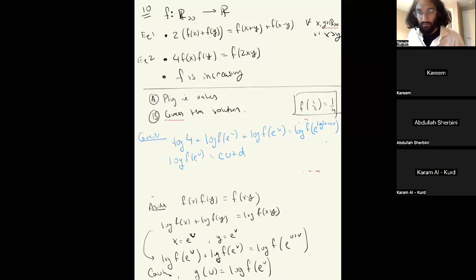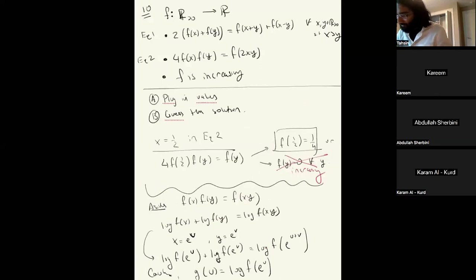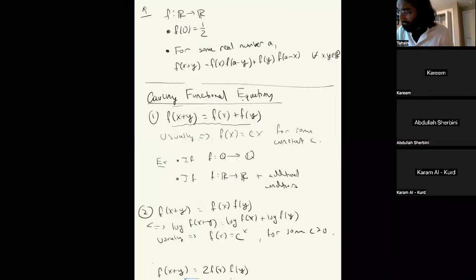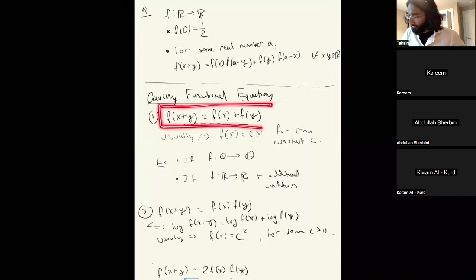Actually, I don't know what is a Cauchy equation. So this Cauchy equation is something that happens a lot in functional equations. The first example is this one: f of x plus y equals f of x plus f of y.